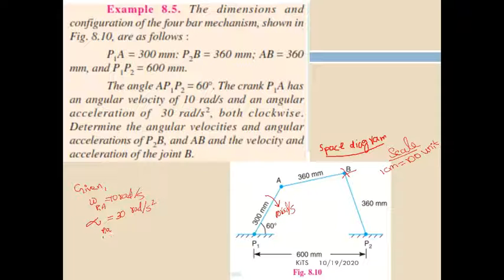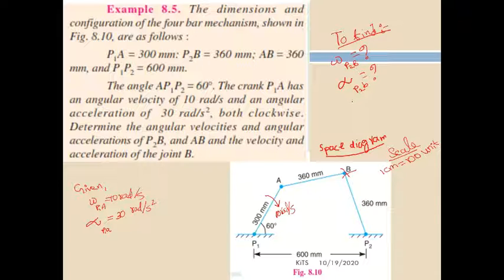Angular acceleration of P1A. What we have to find out? We have to find out the angular velocities and angular acceleration of P2B. Then what else we have to find?